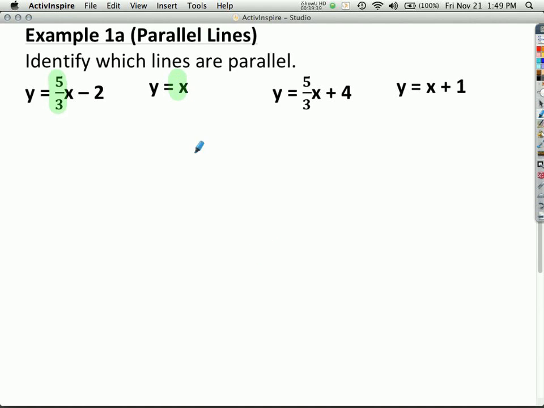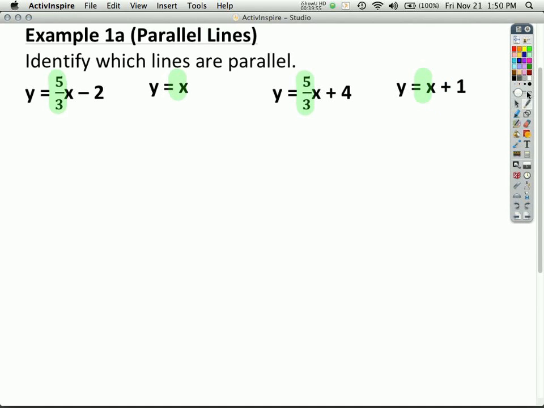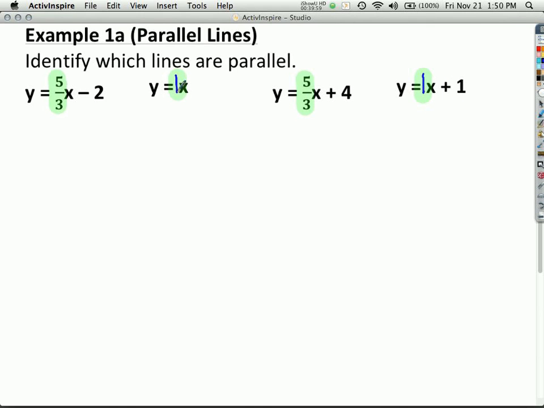There is a hidden little 1 right there. What is the slope of this third equation? Amari? 5/3. What is the slope of this fourth equation over here, Yasmin? It is 1. So I'm going to write that in just so we can see it. So there is a 1 right there, and there's a 1 right there.